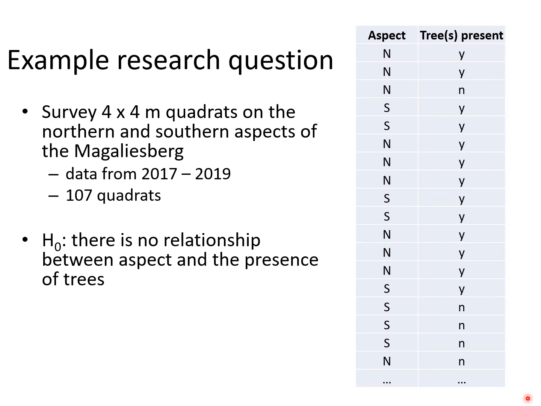For example, we could say that the proportion of quadrats that contain trees is similar in the north and south aspect. Okay, we've got our raw data here already. And I think an important question to ask is, how do we summarize this data? And I'd recommend that you take a minute here and pause and think how you would summarize this data.